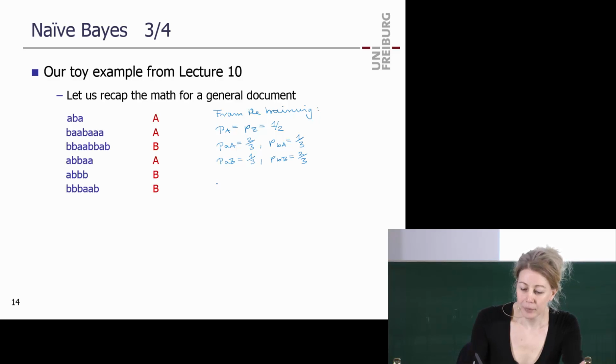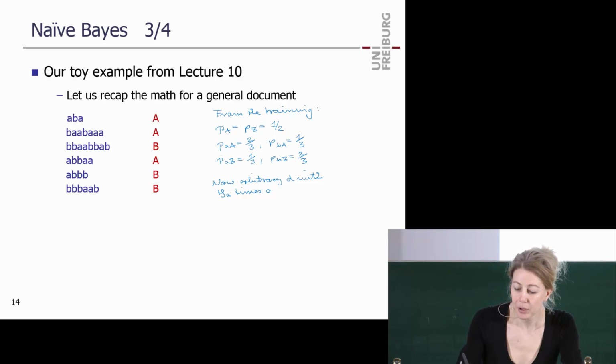Now we have an arbitrary document D with TFA times A. TF is now just the number of times it occurs, and let me just call it TFB times B, right?